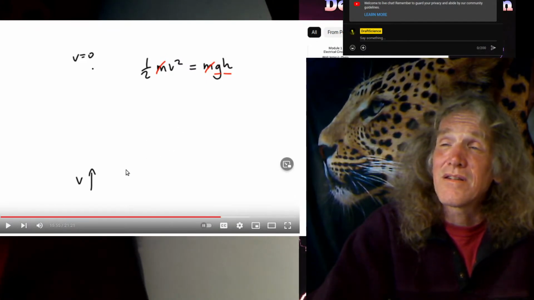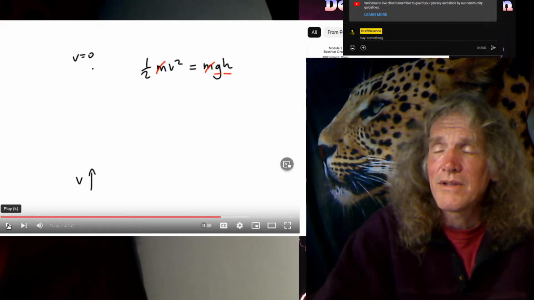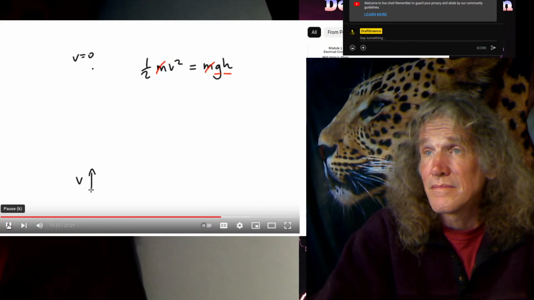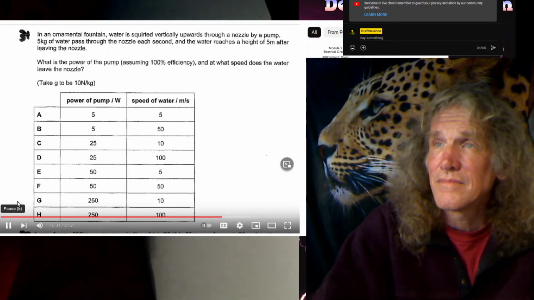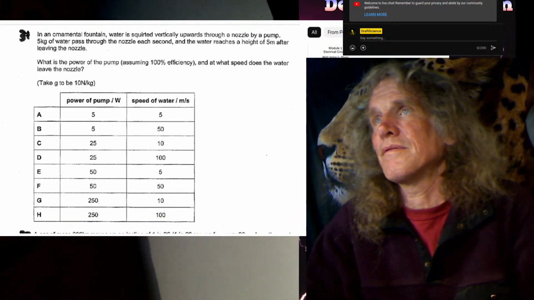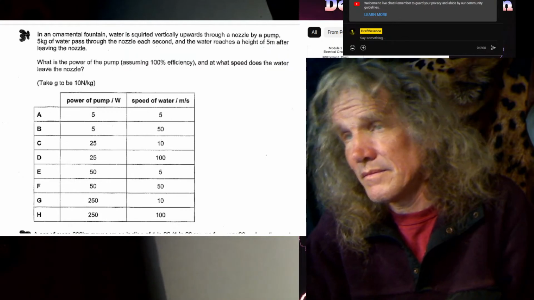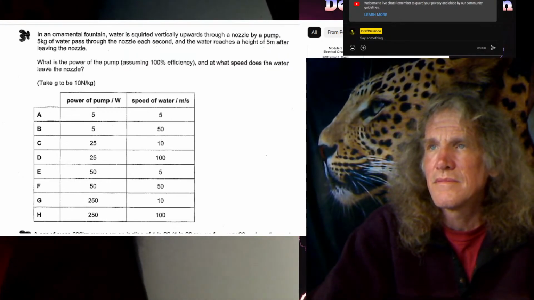So again, it's just garbage physics. It's not good science. It's really bad crap. Tells you what it is. You should be able to work out v, the speed at which the water leaves the thing. Okay. Then, if you want to know the power of the pump, I guess you've got to think, how much kinetic energy does it need to give the water in 1 second?